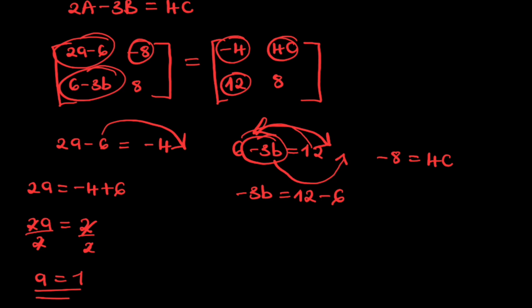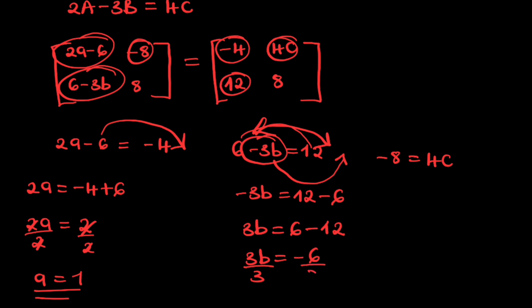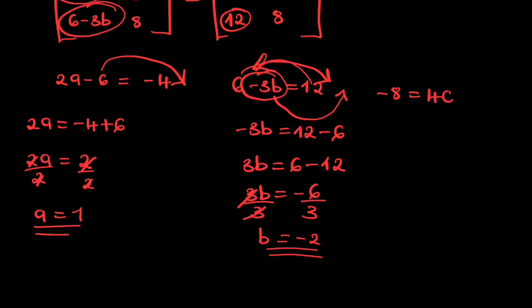So if we inverse it, it will be 3b equal to 6 minus 12. So 3b now is equal to minus 6. And now since we are solving for b, we divide both sides by 3. So our b now is minus 2.